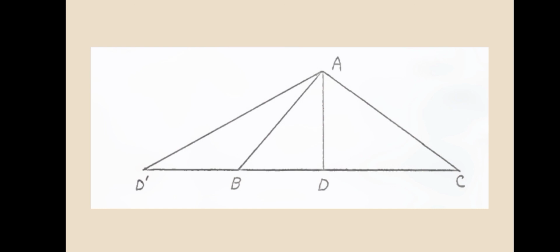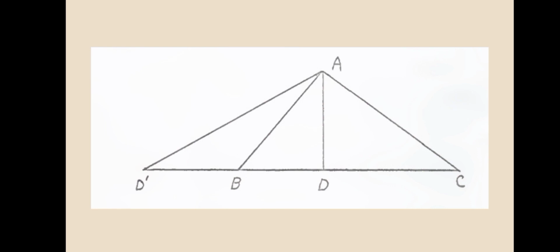Then D must lie on the segment BC. The sum of angle ABC and angle BAD is greater than a right angle, and angle DAC plus angle ACD is greater than a right angle. Therefore, it follows that the sum of the angles of triangle ABC is greater than pi.